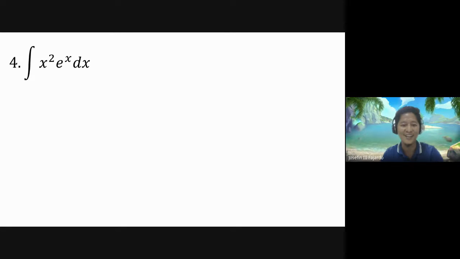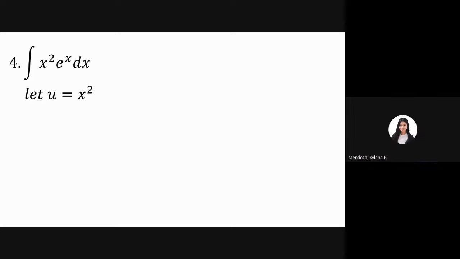Okay, so U natin ay x squared. So ano yung magiging dv natin dito? Mendoza, Kaigi. e to the x dx po. Okay, very good. So du natin dito, what will be the derivative of U?